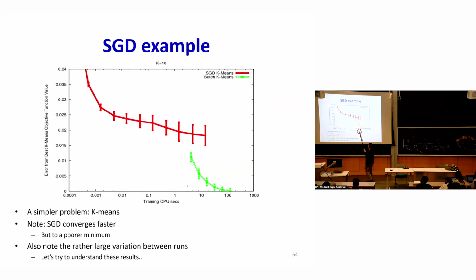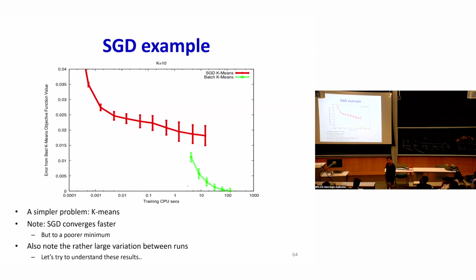Regardless of the initialization, if you've spent 1.5 seconds on this particular data, the range of solutions you get have this variance in the squared loss. And by the time you get to 100 seconds, all of them end up at the same point. So you can see that the training converges across the different runs with iterations. The vertical bars show you how much the loss value varies across different runs.